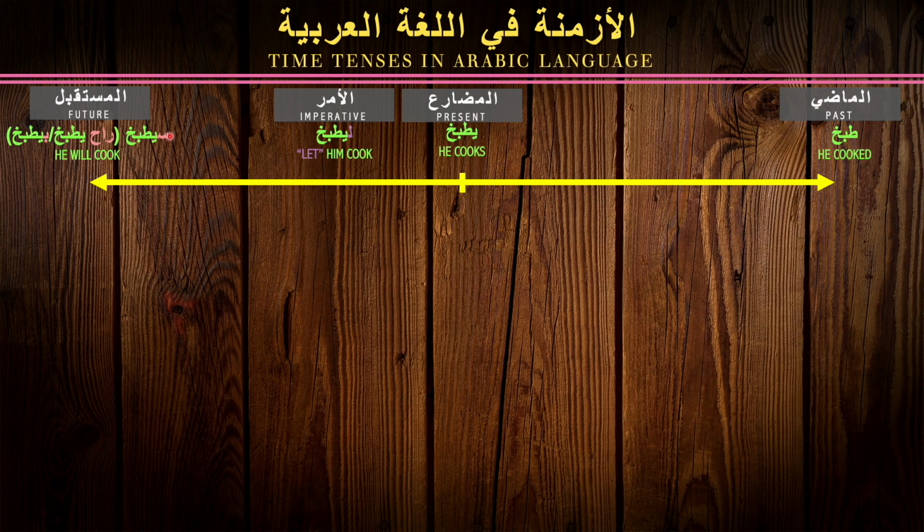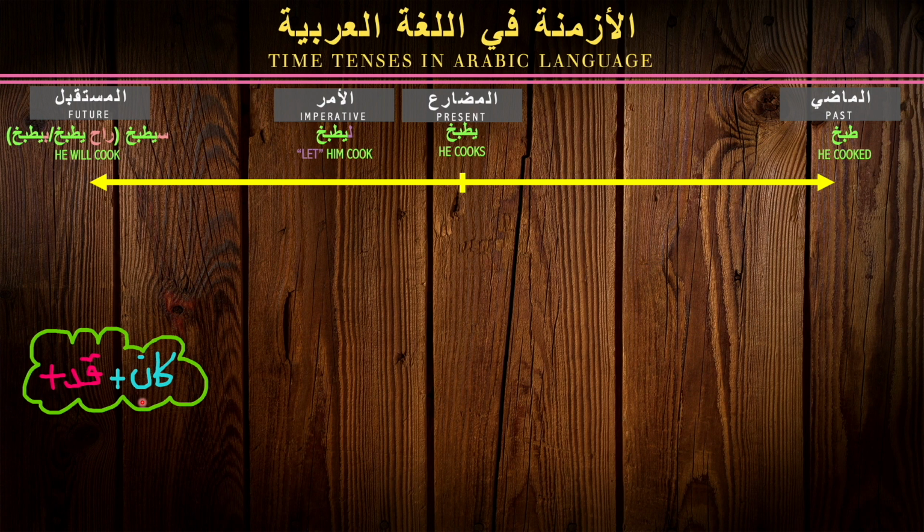So let's see how we can form the different time tenses in Arabic using different tools, like for example كان وأخواتها, قد وأخواتها, or حروف التوكيد والجزم والنصب, like for example قد, لقد, etc. and كان وأخواتها, like for example كان, ما زال, راح, etc.